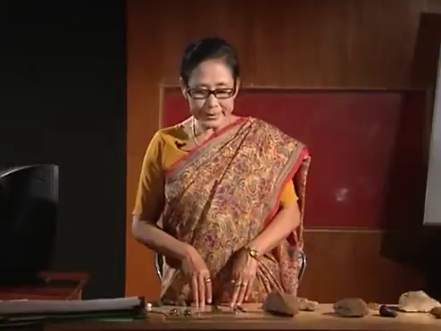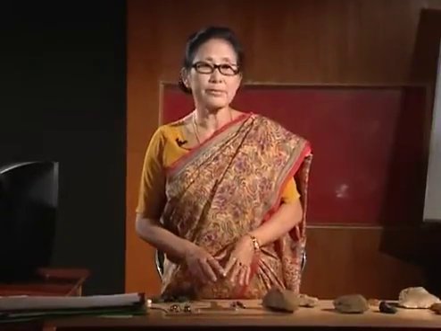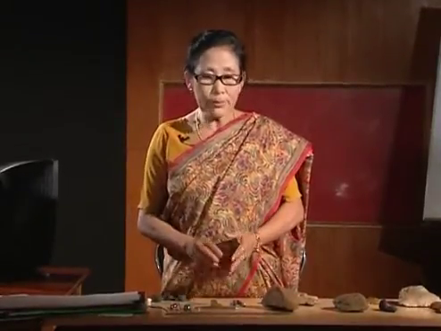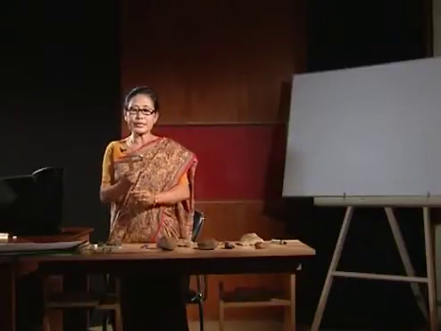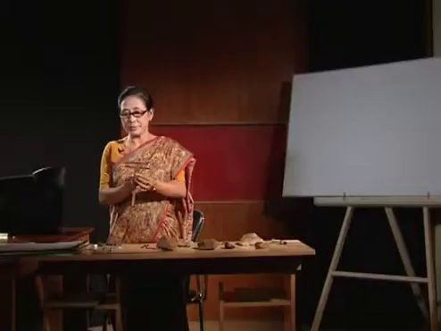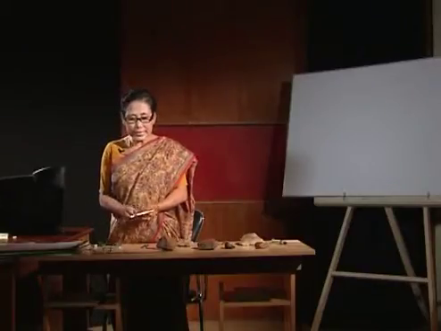For drawing and describing a given specimen systematically, the following instruments and materials are needed. First of all, this is the slide caliper. It is used for measuring the length of the tool, the breadth of the tool, the thickness of the tool. It is known as slide caliper.